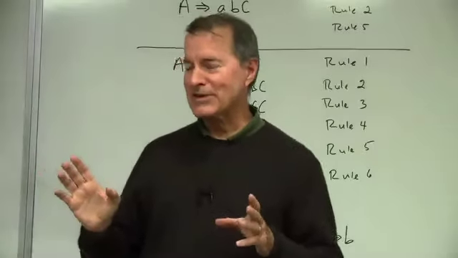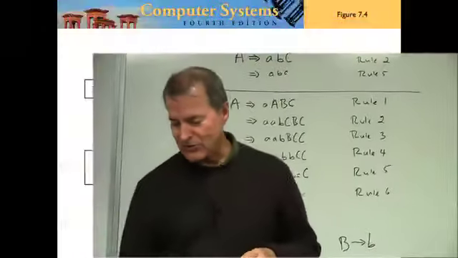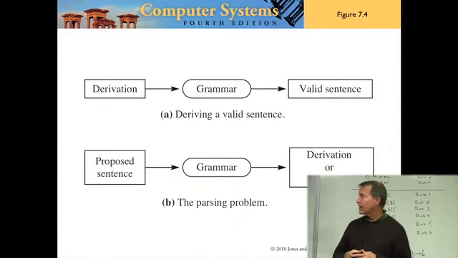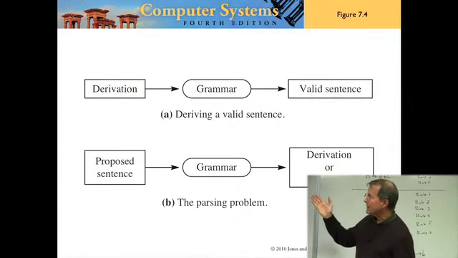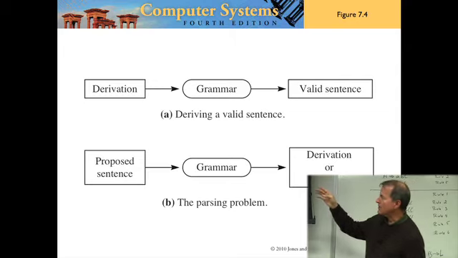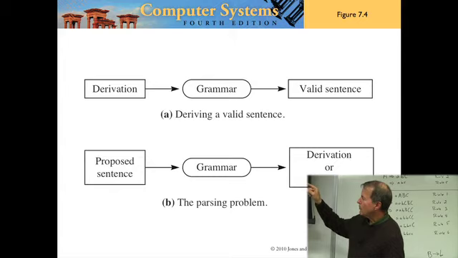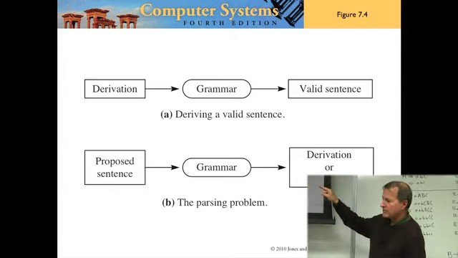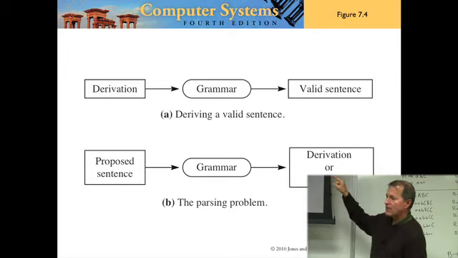Does everybody understand that? That's basically the difference. There are two different problems here. In figure 7.4, what we have been doing is deriving valid sentences. We've been doing part A. Given this grammar, we can produce a derivation, and what comes out of that derivation is a valid sentence.